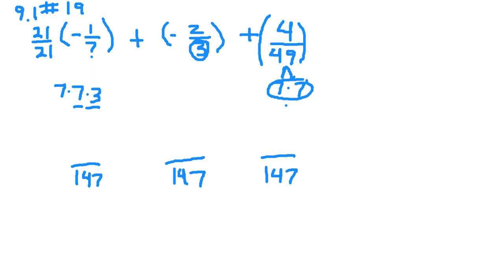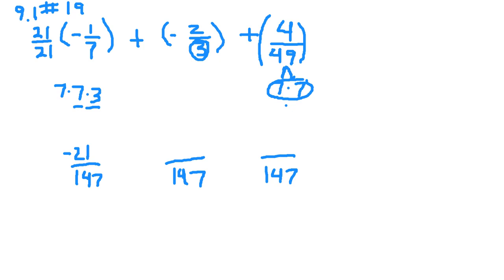But I think what we normally do is that when we divide 147 by 7, then we multiply by that. 147 divided by 7 is 21. So we need to multiply the negative 1/7 times 21 over 21. Okay. So that gives me the 147 in the denominator, and 21 times negative 1 is negative 21.